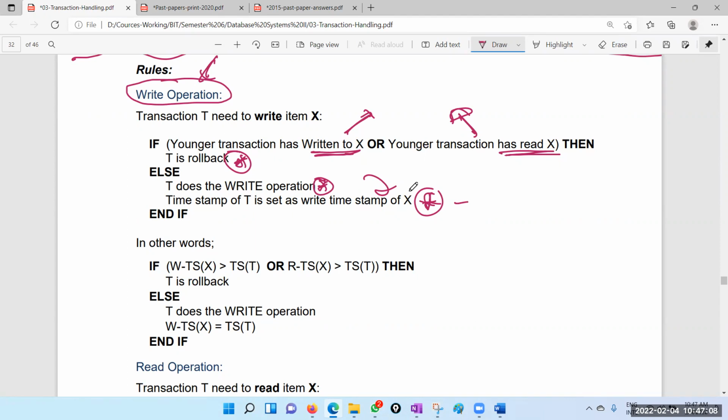You did your write operation, and you have updated the write timestamp of resource X with your transaction starting time, not the time you did the write operation, because you are the youngest transaction that did the write operation up to this point.